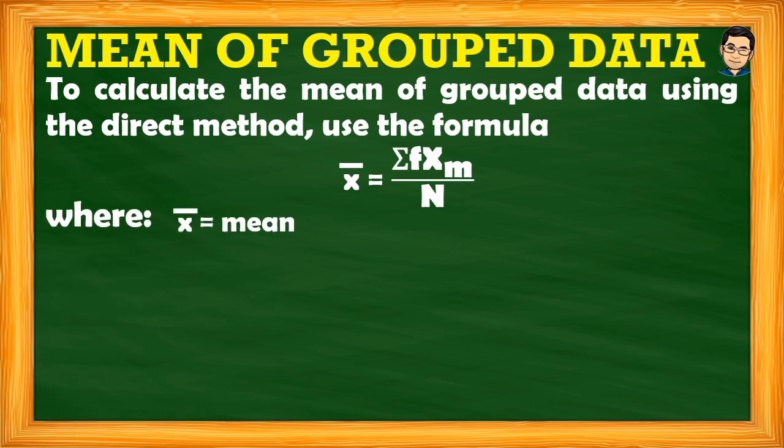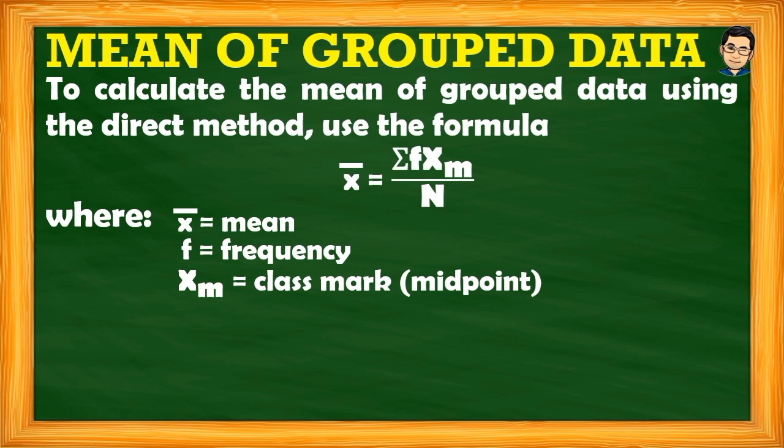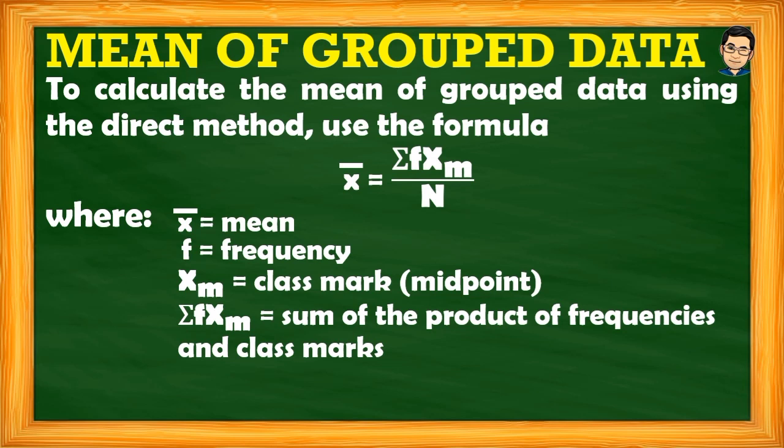X bar, that is the mean. F is the frequency. X sub m, ito yung class mark; mamaya i-discuss natin kung paano nakukuha yan. Then, summation of the product of frequencies and class marks.